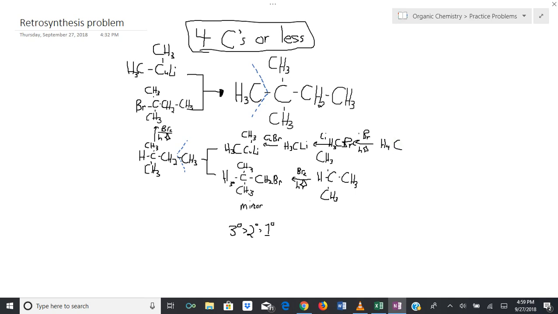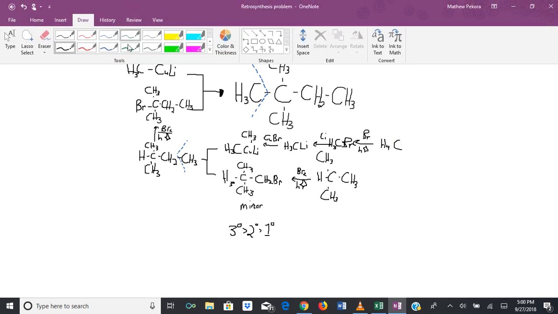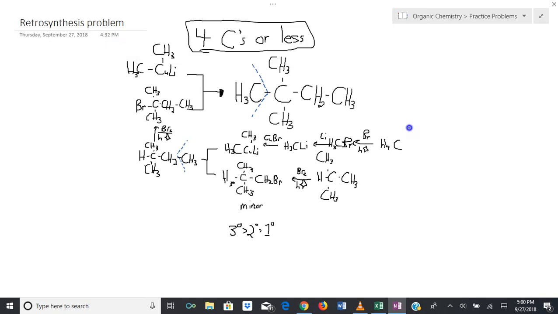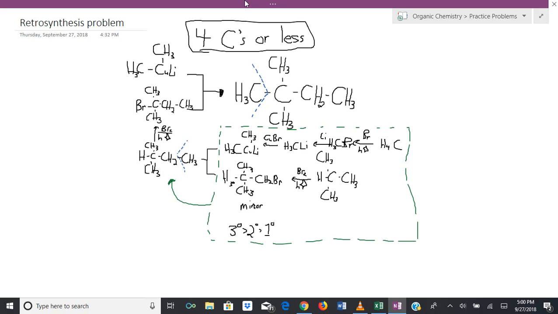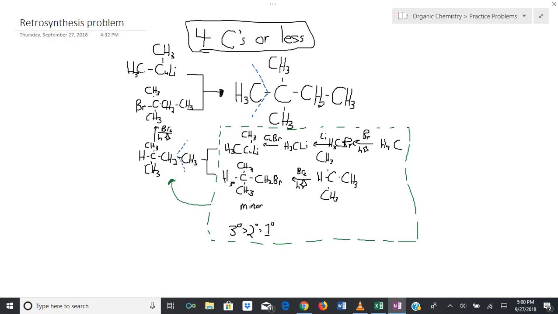So we use that coupling reaction to synthesize our starting material here. So now this has 5 carbons and we're allowed to use this. So we have 1/2 of the coupling done. And now the easy part, it's literally the same thing as we did down here. We use copper and bromine.